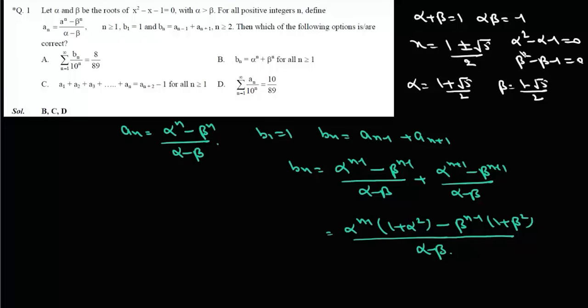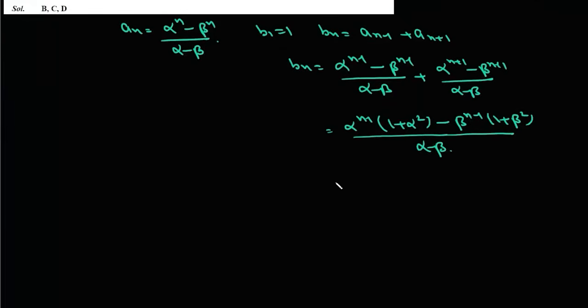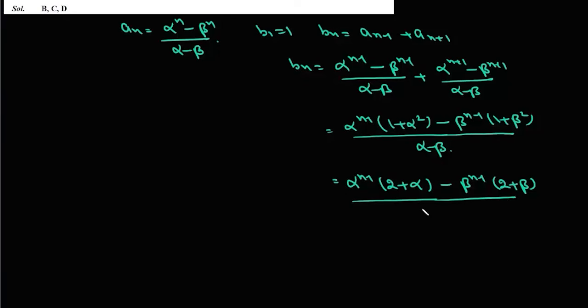Now 1 plus alpha square will be 2 plus alpha. So we can write this as alpha to the power n minus 1, 2 plus alpha, minus beta to the power n minus 1, 2 plus beta, upon alpha minus beta.